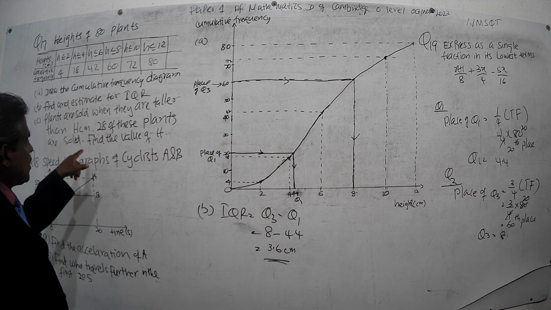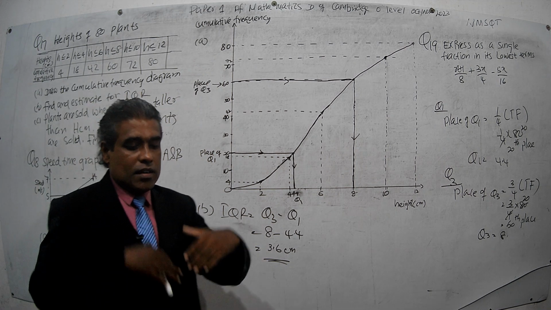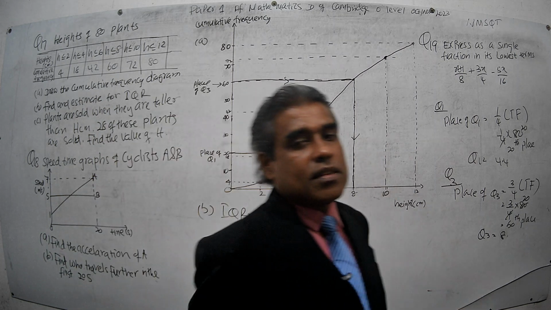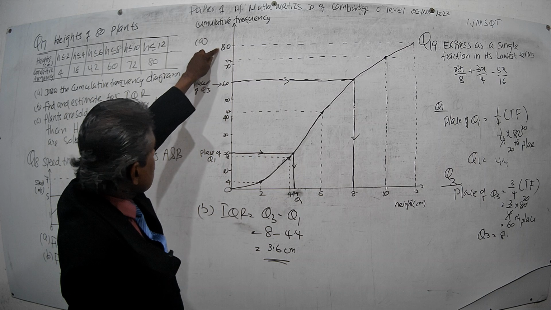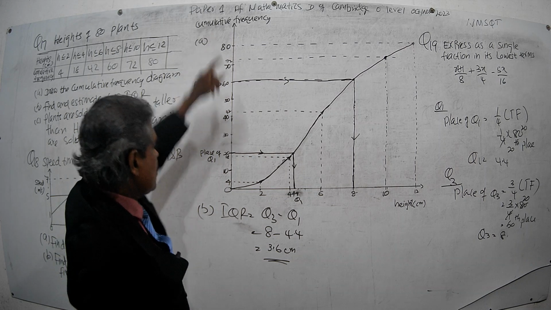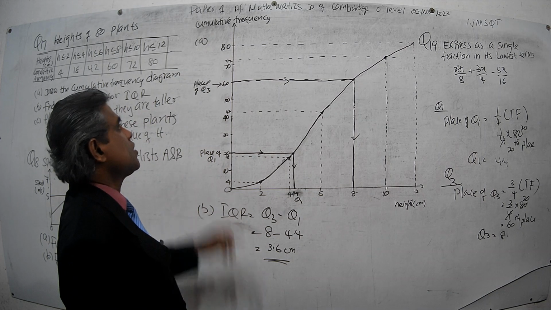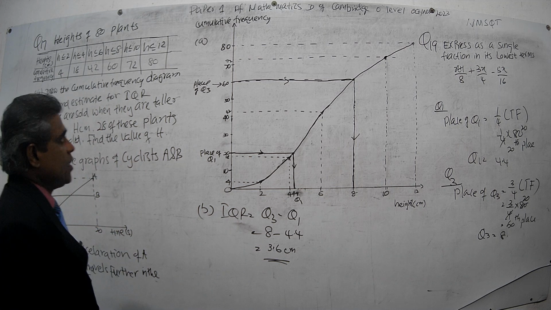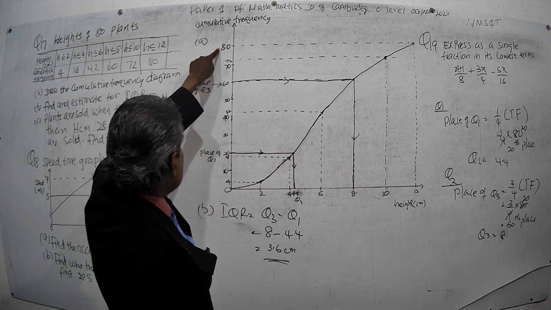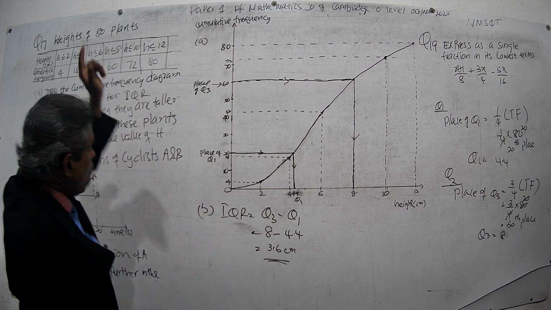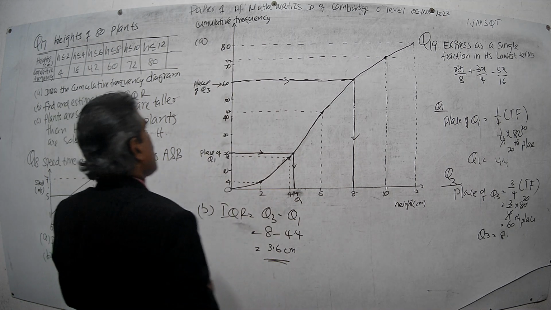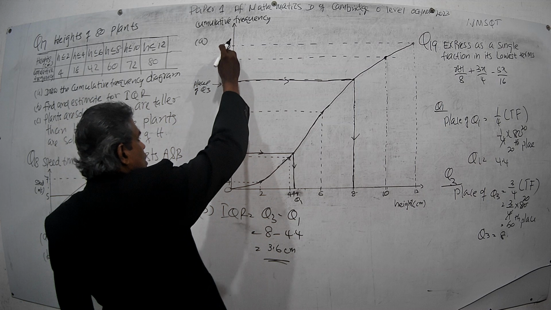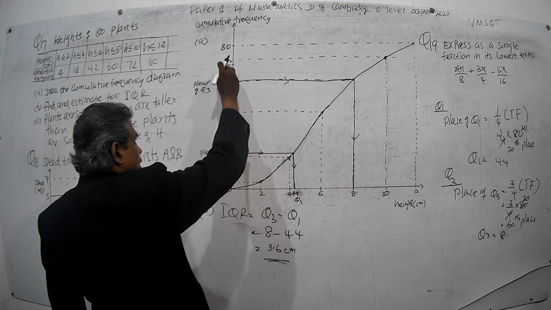Therefore, we have to take those 28 plants from the tallest end, not from the shortest end. Count from the tallest end 28 plants downwards. You count from 80 and count down by 28.